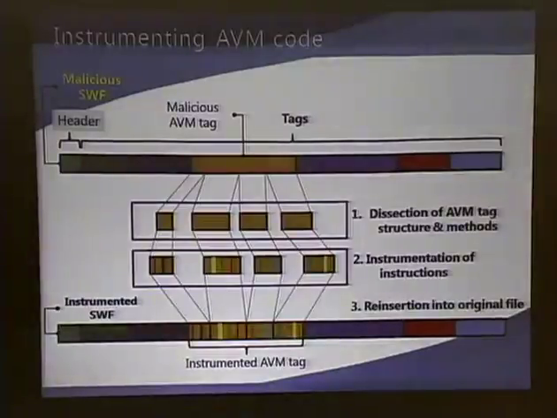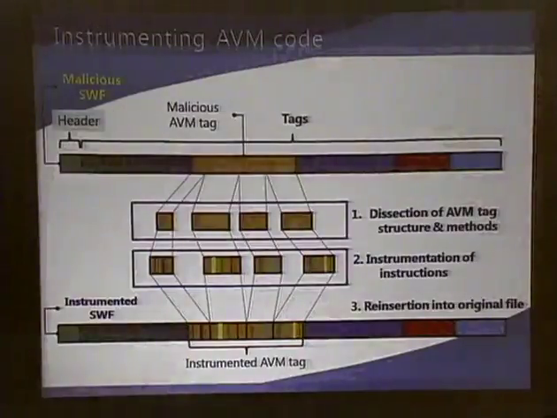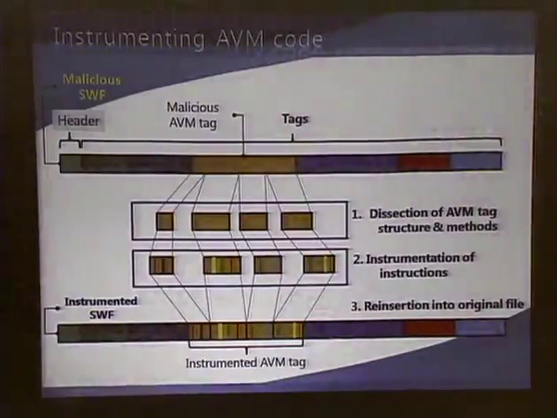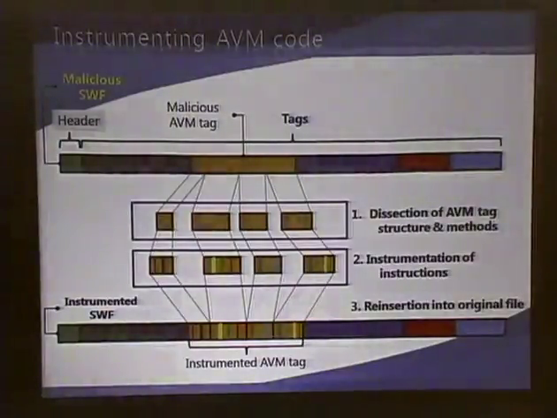So this is the basic big picture showing how the binary instrumentation is done. The upper picture shows the original SWF file. It has a header and all the AVM tags. Different colors mean different SWF file tags, and one of the tags is the AVM tag, the yellow block there. You can dissect and disassemble all the AVM tag content, and you can insert your own instructions between them.